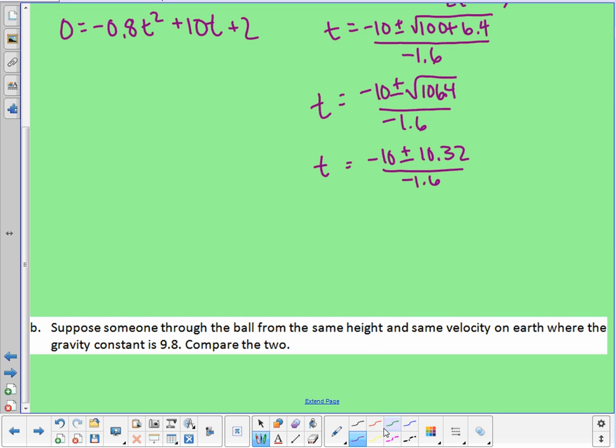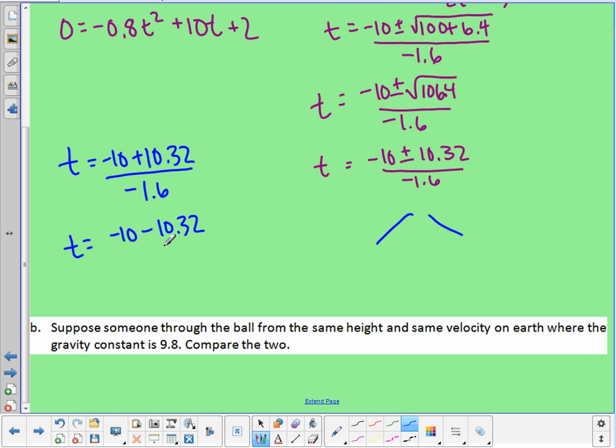I'm going to split this into my two choices. One is the plus version, negative 10 plus 10.32 over negative 1.6, and the other is the minus, negative 10 minus 10.32 over negative 1.6. If you take a look at the plus version, negative 10 plus 10.32 is going to give me a positive number on the top.